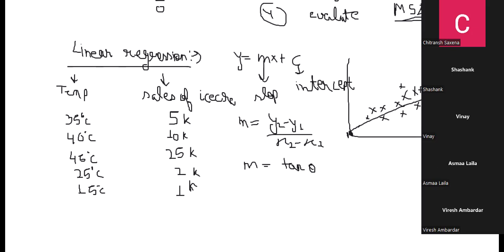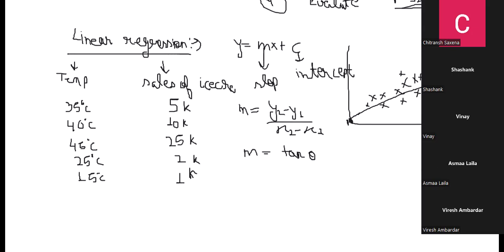This is the independent variable and this is the dependent variable, my target. With the help of temperature, I'm going to find sales. This is X and this is Y.